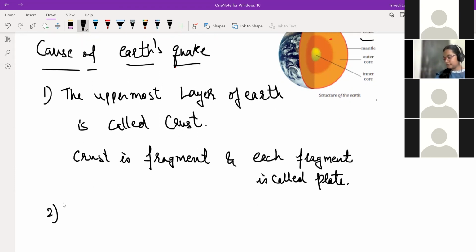Yes, sir. Sir, I have a doubt. You said that when the earthquake comes, it will only hit the crust. Will it hit the mantle and the core as well, the inner and the outer core? No, see, it can happen both ways.